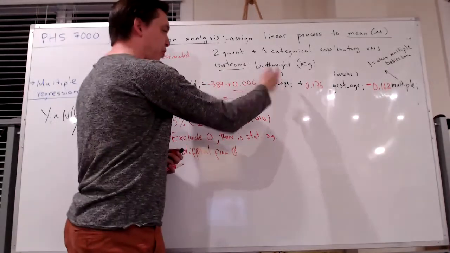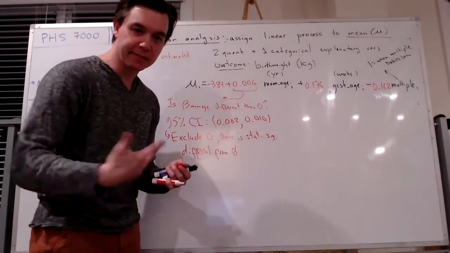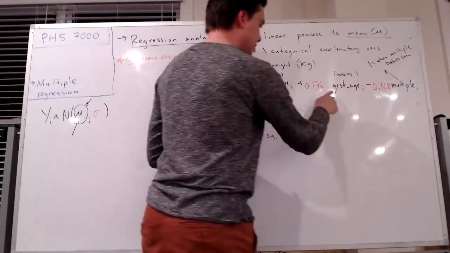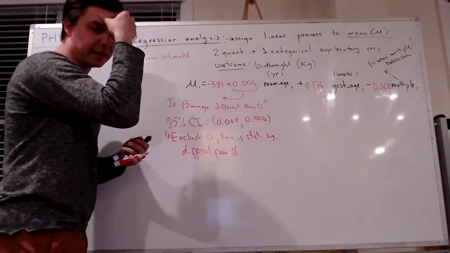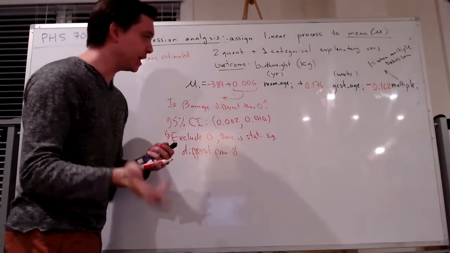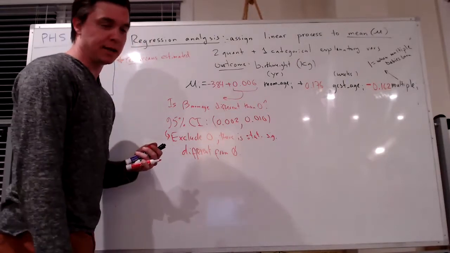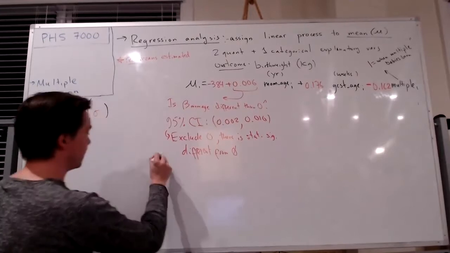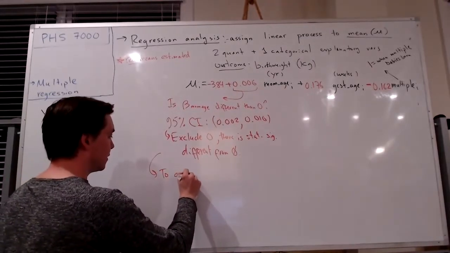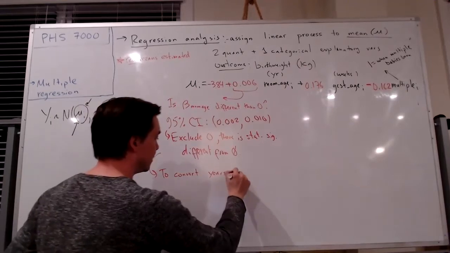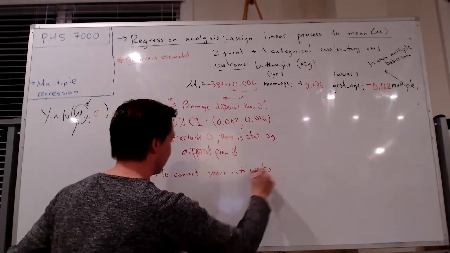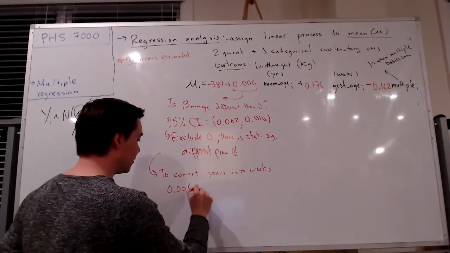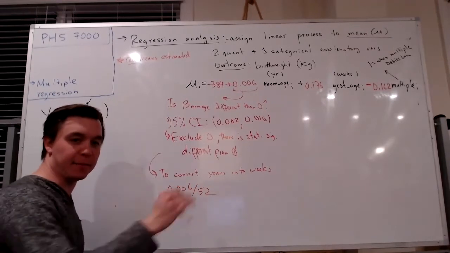But still, it's such a small number. But remember, this is per year. So could the unit have something to do with it? Well, but wait a minute. We have weeks. Gestational age is measured in weeks. But we can convert years into weeks, could we not? To convert years into weeks, we would divide the coefficient by 52, making it that much smaller.